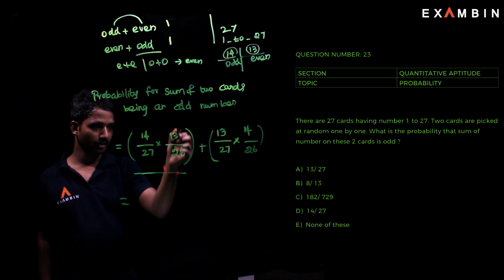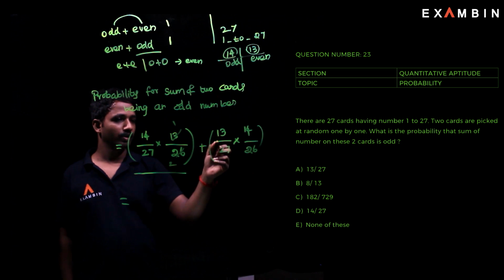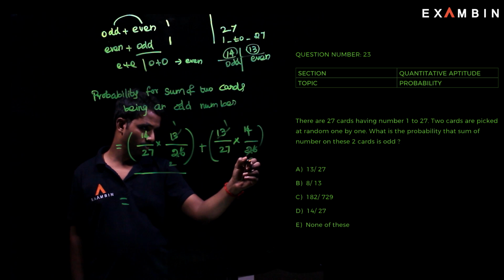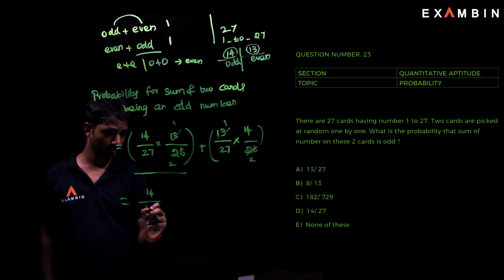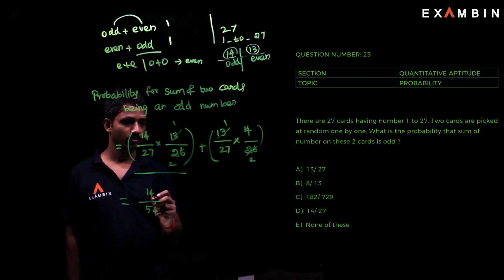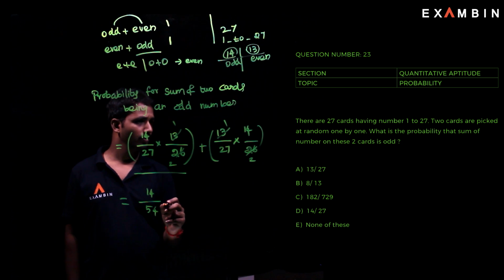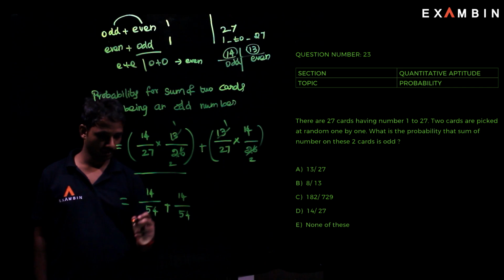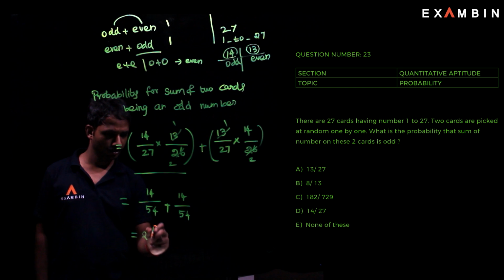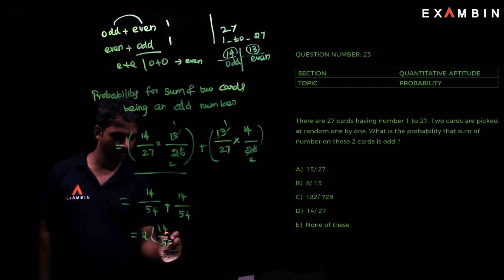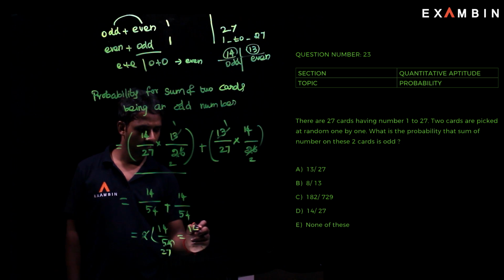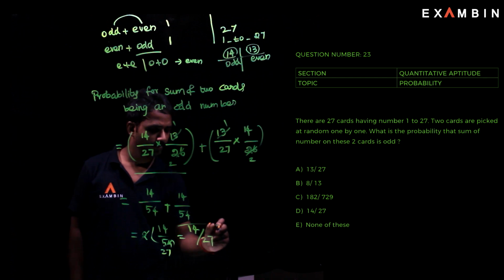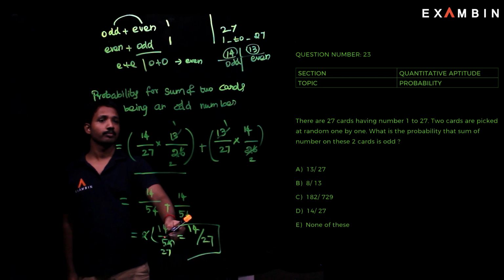So the value would be, 13 and 13 cancel with 26 to give 2, so 14 divided by 27 into 2, which is 14 by 54, plus again 14 by 54. Both are the same. So 2 into 14 by 54 is equal to 14 by 27. So the answer would be 14 by 27.